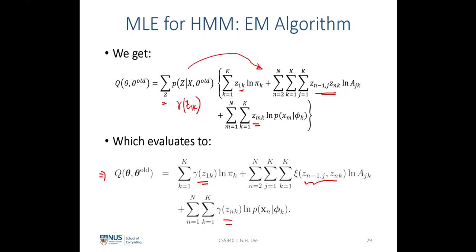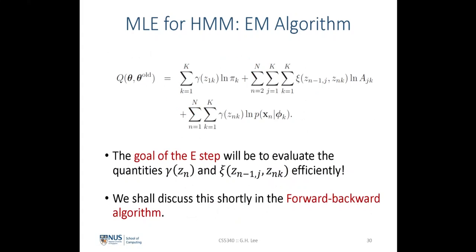So in this case, we will take a maximization over this particular expression on all the respective unknown parameters. What remains is how to effectively compute these gamma and psi terms in this Q function. We'll defer this to later slides.